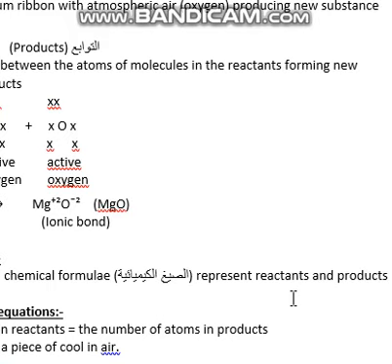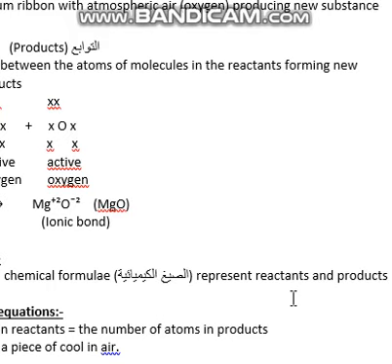What is the meaning of chemical reaction? It's the breaking of bonds between the atoms of molecules in the reactants to form new bonds between atoms in the products. For example, the oxygen molecule is diatomic, O2.